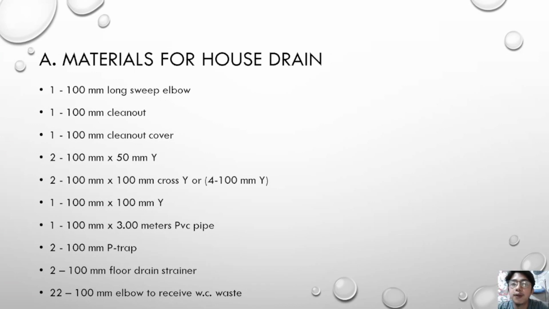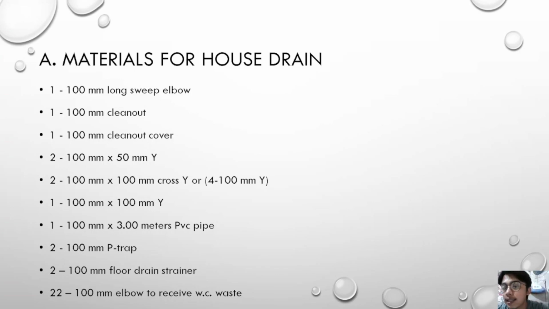So, materials for house drain. These are the materials needed for the drainage system of a two-story back-to-back toilet and bath. So, the list includes pipes, fittings, traps, and covers. These items are necessary to ensure that the waste and water from the toilets and bath are efficiently carried away from the house.